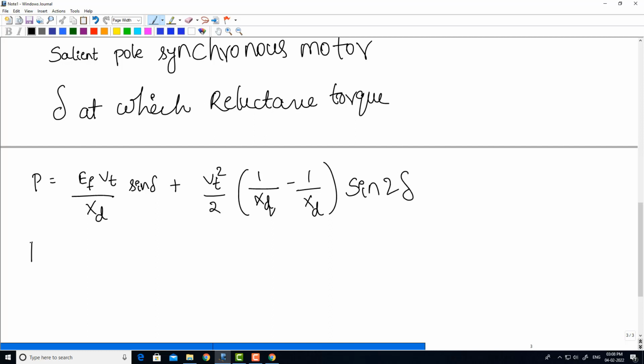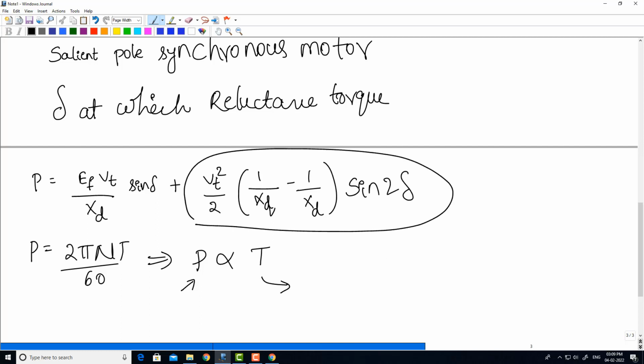We all know that power is equal to 2 pi N T divided by 60, which means power is directly proportional to the torque. So the power consumed in the motor is directly proportional to the torque generated by the motor. And we are asked to find the reluctance torque.